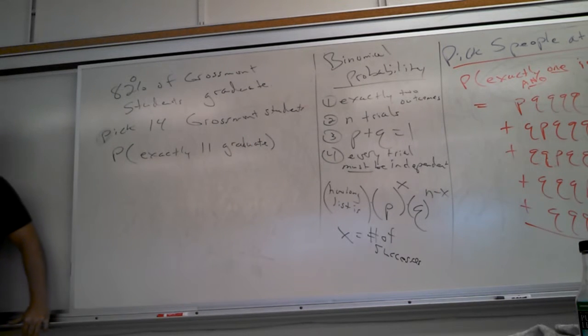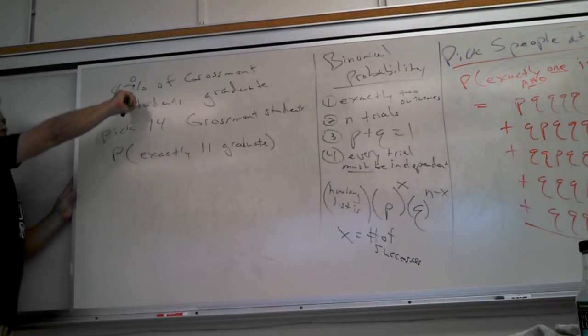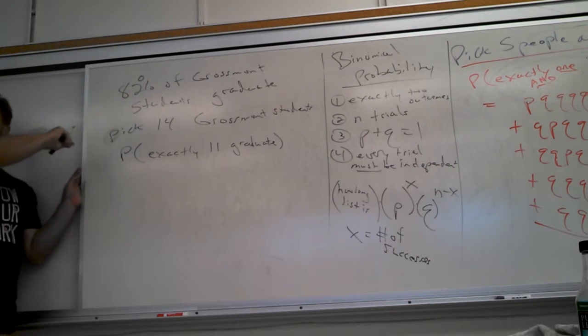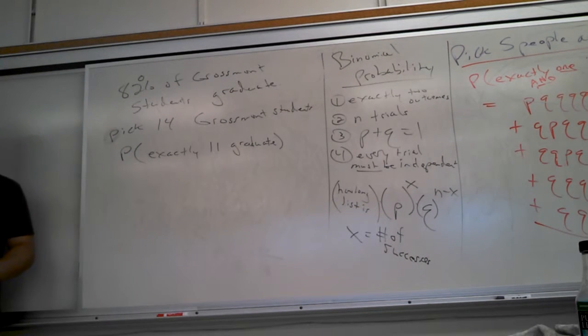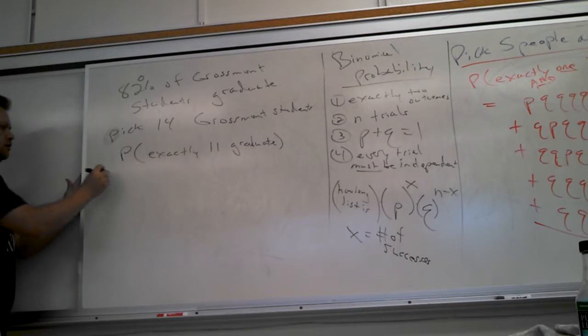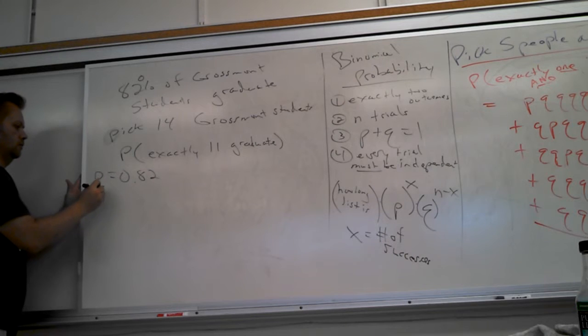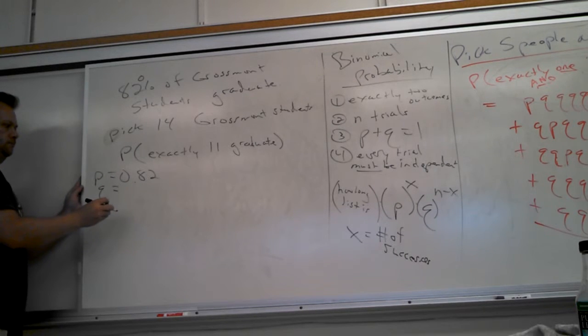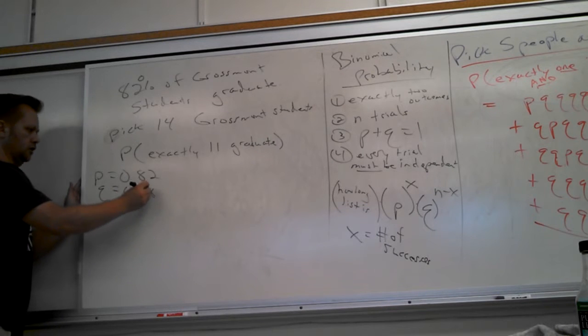So first thing, a really, really good idea is to summarize everything you know. So what's this? The success rate. Cool. So what variable does it go with? P. I like it. So P is 0.82. So what's Q? 0.18.